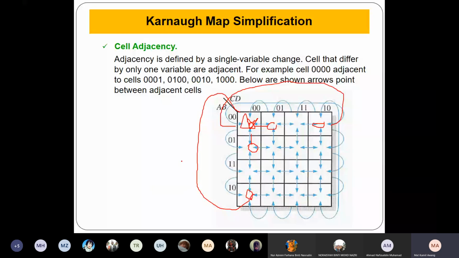When you want to minimize, to do the simplification, you have to remember this. Let's say if you have a 1 here and a 1 here, this can be grouped with this one because it is adjacent. Okay.